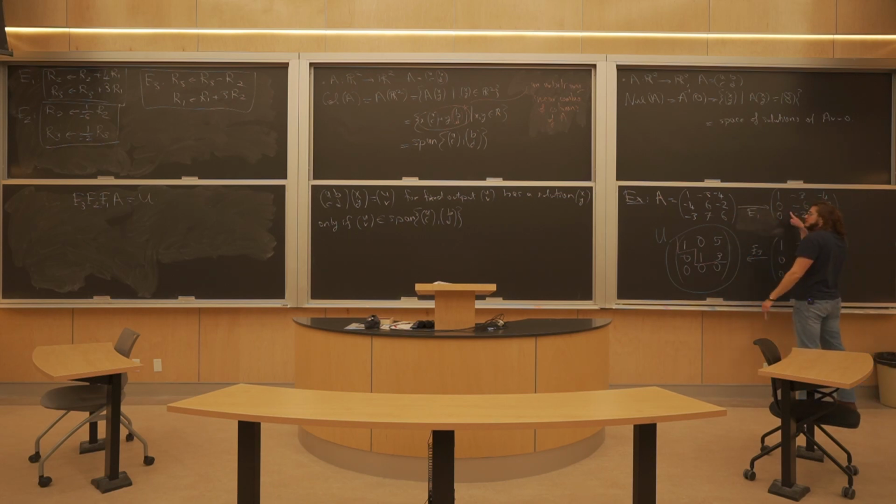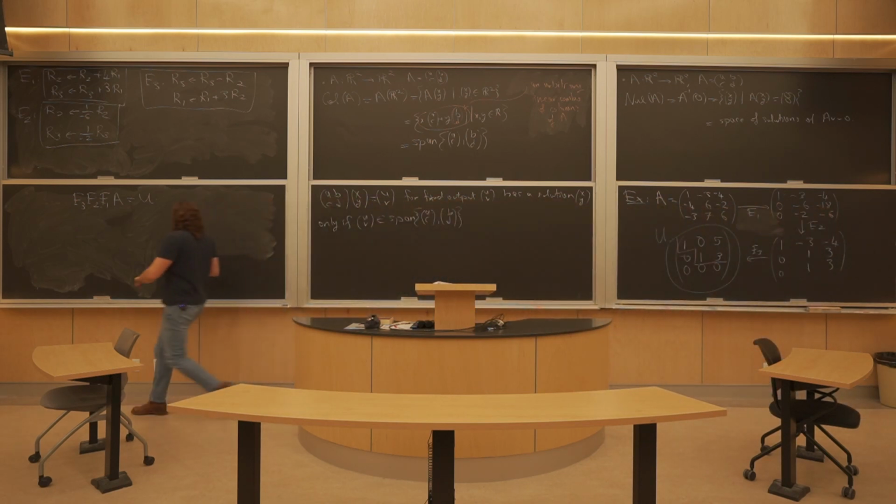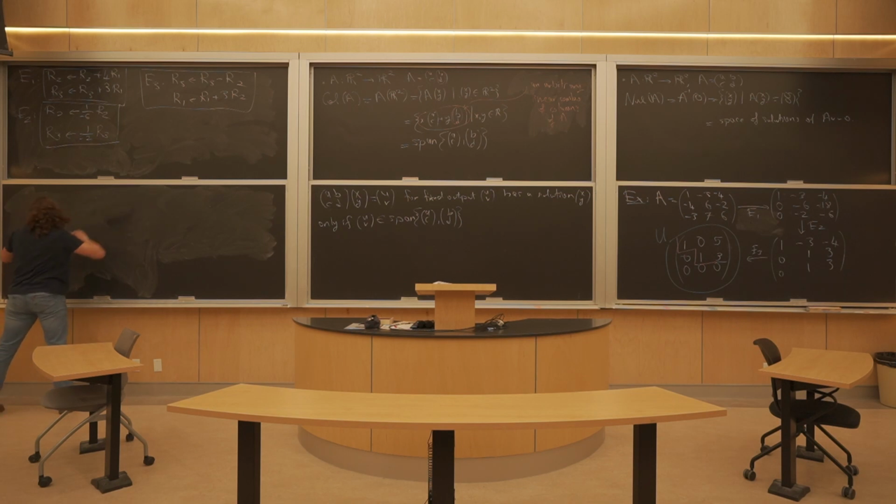If from here to there, I'm going by adding 4 times the first row to the second one, the way I can go back from here to there is by subtracting 4 times this row from this row, okay? This is invertible. All of these operations are invertible, which means that I have this: E3 inverse, E2 inverse, E1 inverse, okay?